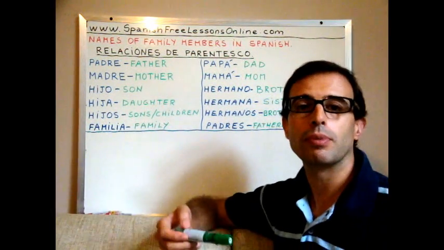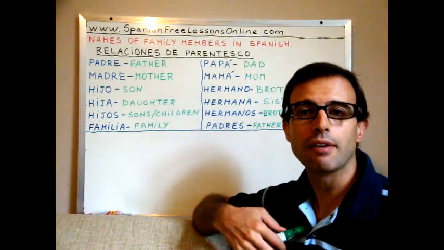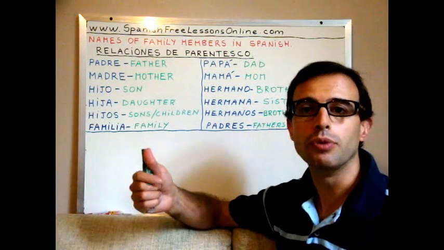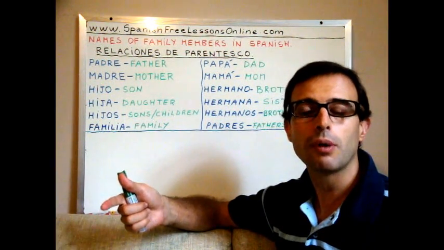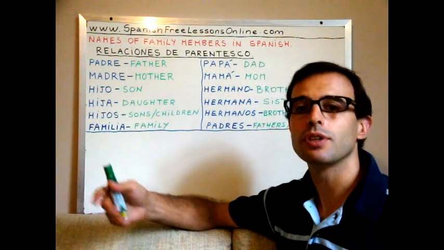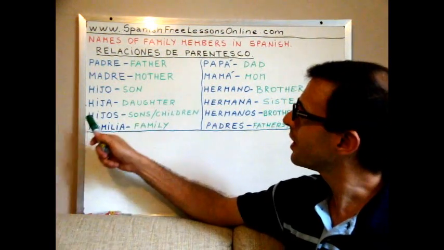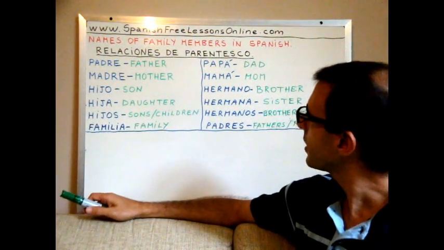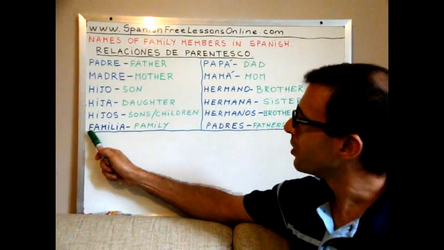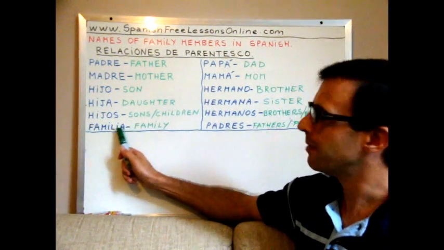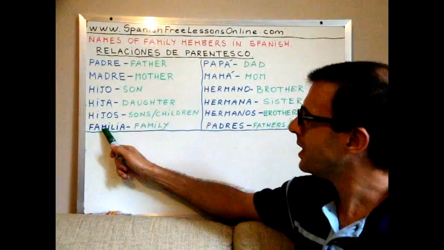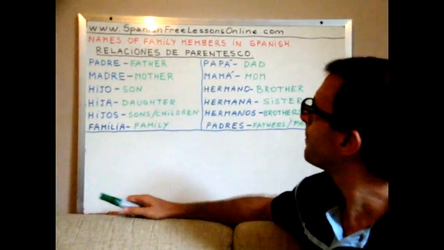So, for example, if I'm a father and I have a son and a daughter, these are my hijos, my children, okay? Hijos. Then we have the word family is familia. Familia, 3 syllables.